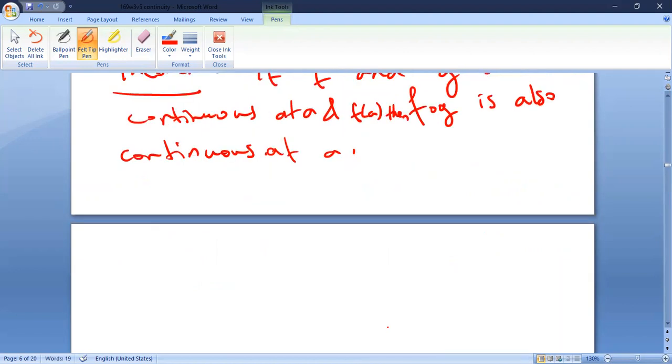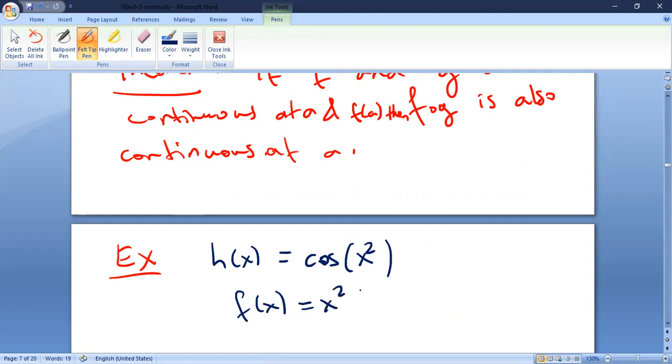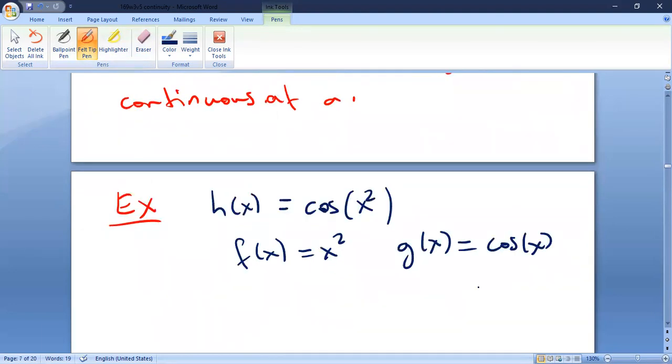There might be some nice applications of this last theorem. For instance, I want to say it with a different letter. So let's say h of x equals cosine of x squared. So if we say f of x equals x squared and g of x equals cosine of x, well, both are continuous functions.